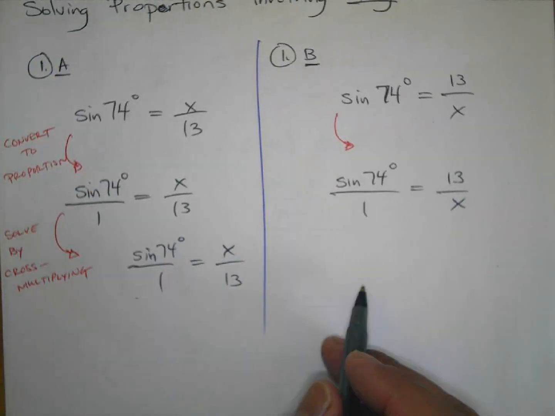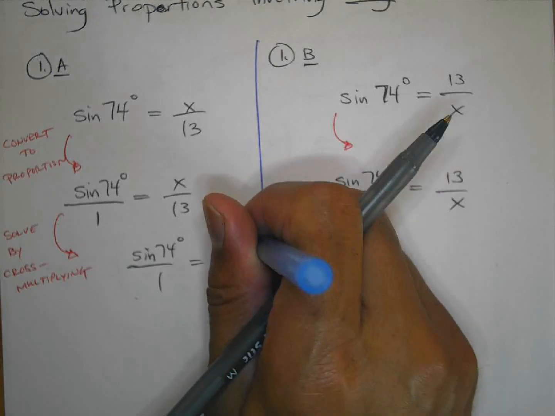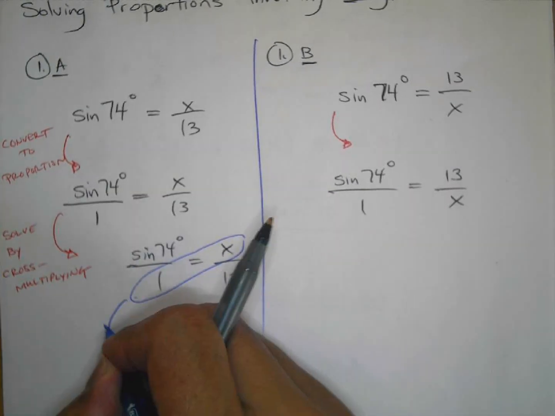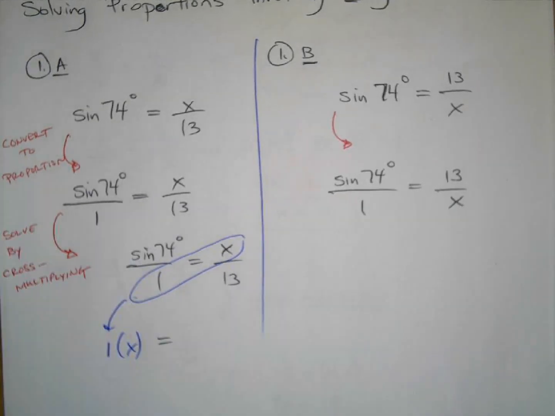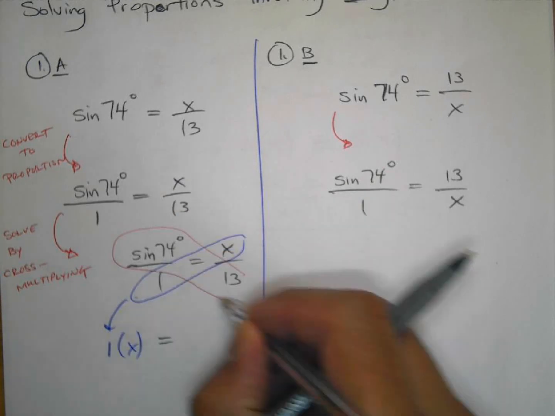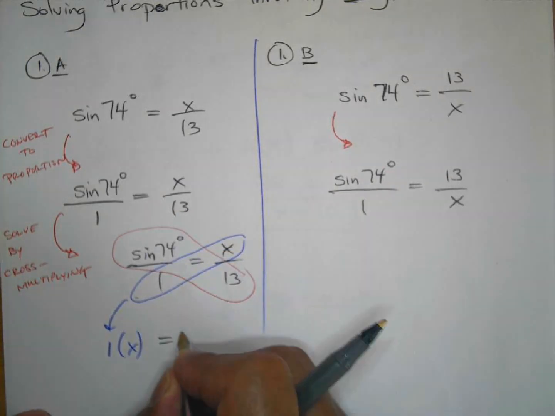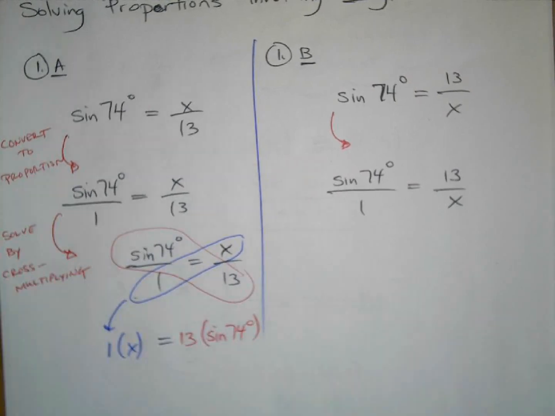Okay, and I'm just going to finish this and then I'll come back over here. When I cross multiply, remember I said I start with the variable? I start with the variable. And when I start with the variable, I'm going to get 1 times x equals 13 times the sine of 74 degrees.